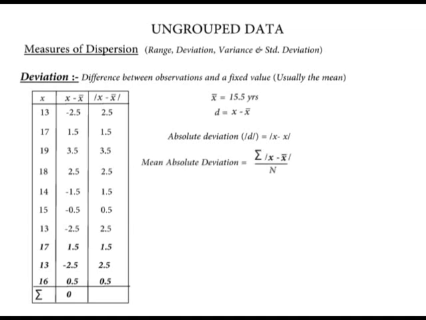In this case, the total absolute deviations, that is 2.5 plus 1.5 plus 3.5 all the way down, will give us 19. The total number of observations is 10, so 19 over 10 will give us 1.9. This is the mean absolute deviation. Notice that the deviation in this case is calculated from the true mean and not an assumed mean.